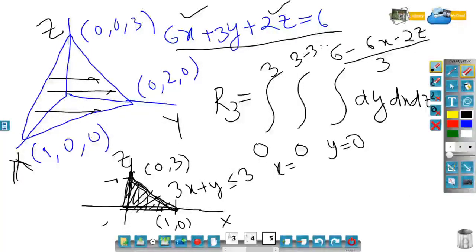I made a mistake earlier. So x is equal to 3 minus z, divided by 3.